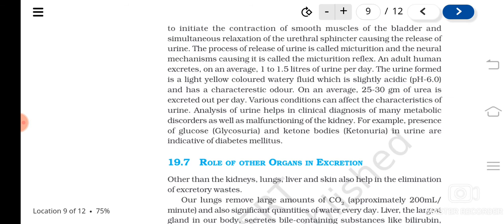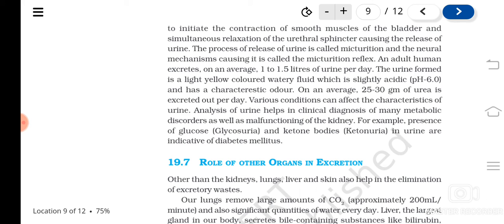Urine contains mainly what? Urea, isn't it? It is slightly acidic and has a characteristic odor, and around 25 to 30 grams of urea is excreted per day.